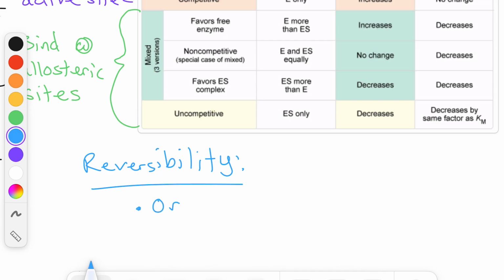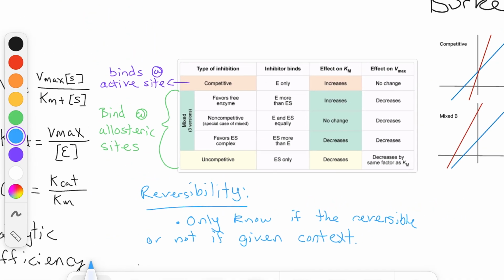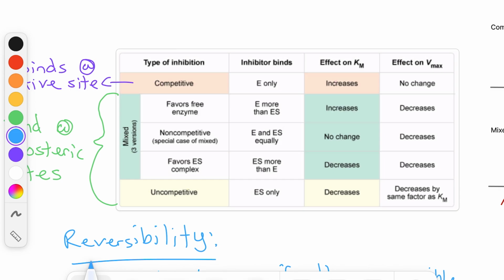We can only know if they are reversible or not if given context. So when I say if given context, I mean if they have it written in the passage, okay? So none of these, at least for the MCAT, are inherently reversible or irreversible.